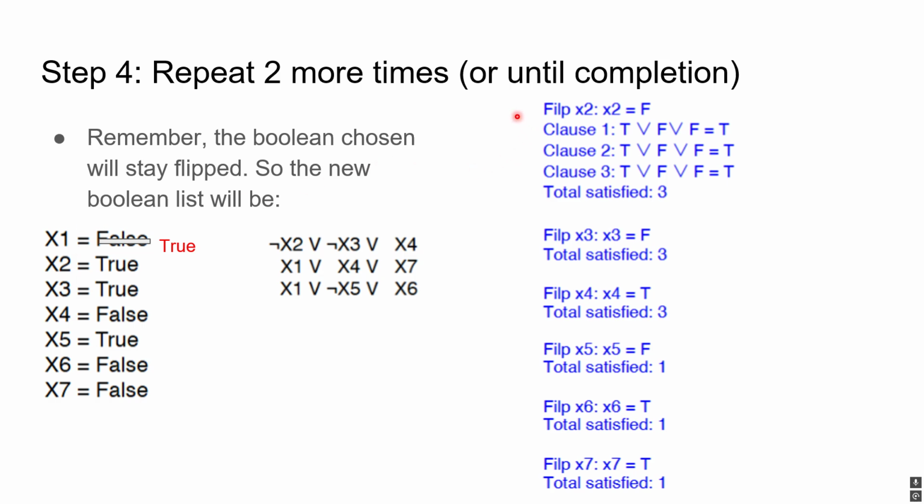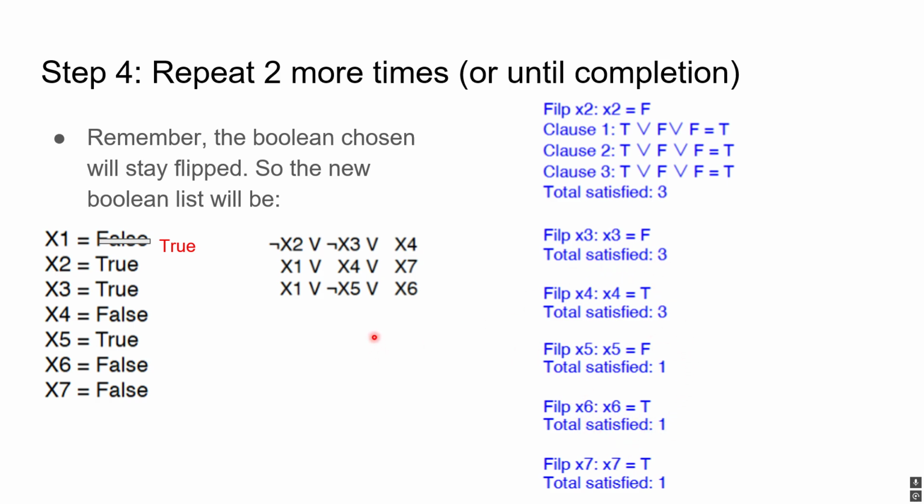As you can see, if you flip x2, you'll change the first variable to true, and because it stays the same for the next upcoming iterations, clause 2 and clause 3 become true. So after you flip x2, you satisfy all 3 of the clauses. You'll go again for x3, which satisfies 3, x4 satisfies 3, 5, 6, 7 satisfy 1 each.